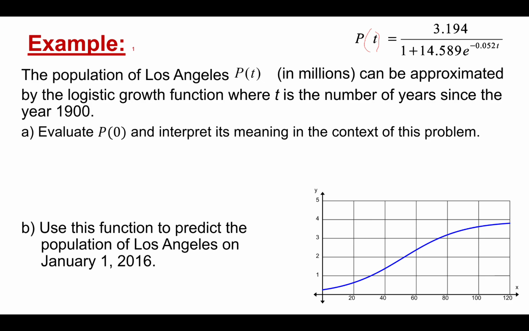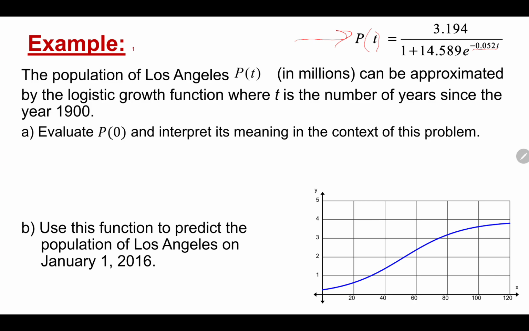So first, let me say that if I plug a 0 in for t, the negative 0.052, and again, I'm looking up here, this will go to 0. E to the power of 0 is just 1, so this becomes 3.194 divided by 1 plus, right?